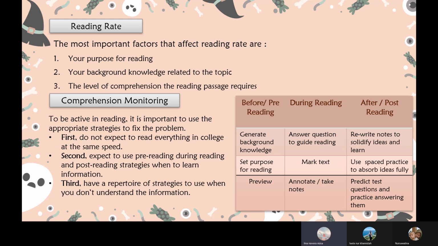The second, expect to use pre-reading, during-reading and post-reading strategies when you learn information. As you can see on your screen, there are tables that show the second strategy. And the last, third, have a repertoire of strategies to use when you don't understand the information.